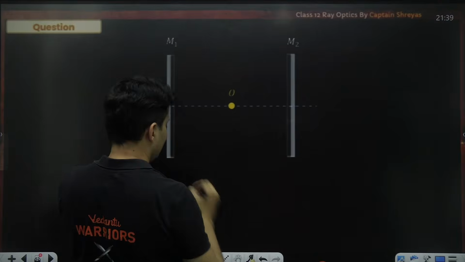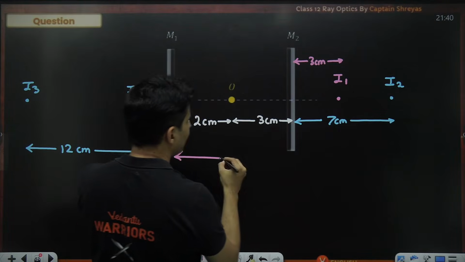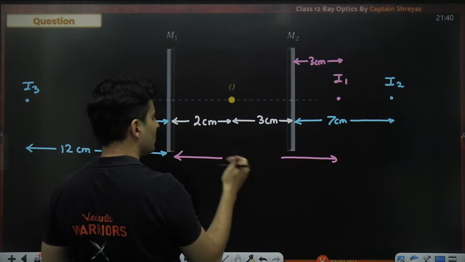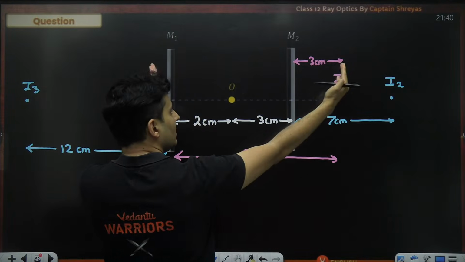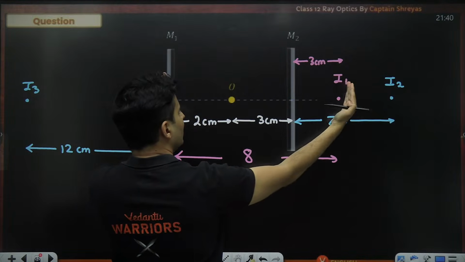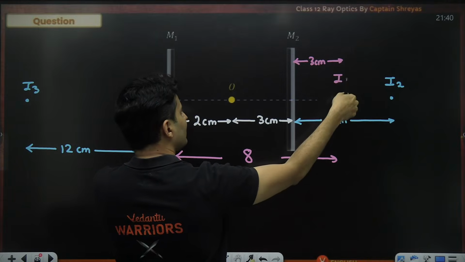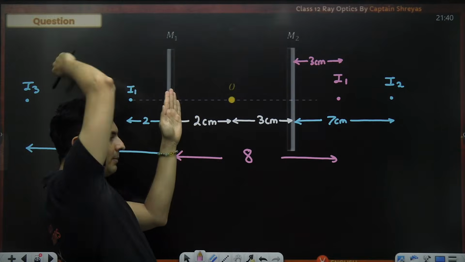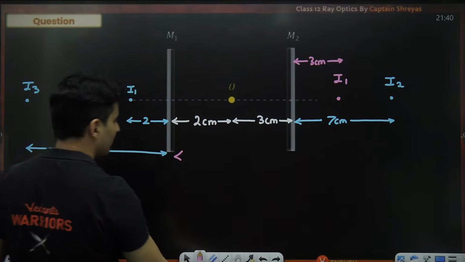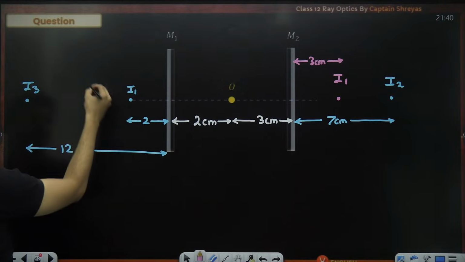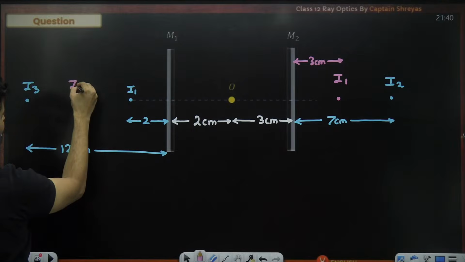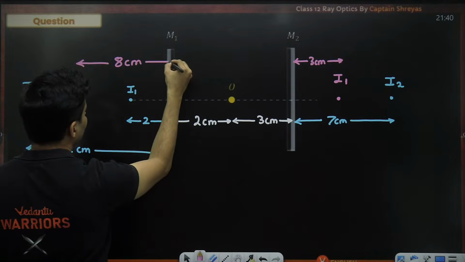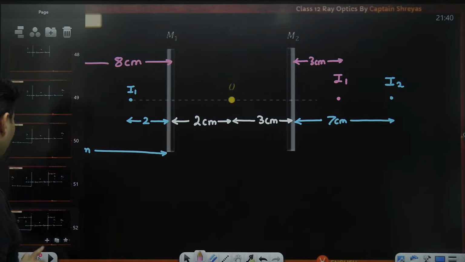How far is this? 3 plus 3, 6, 6 plus 2, 8 centimeters in front of this mirror. So this image, which is now going to act like an object for this mirror, will reflect behind at 8 centimeters. So this is going to be 8 centimeters.